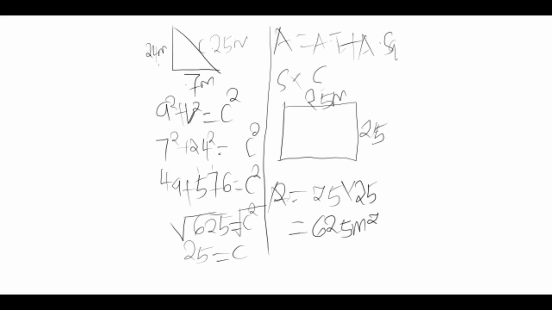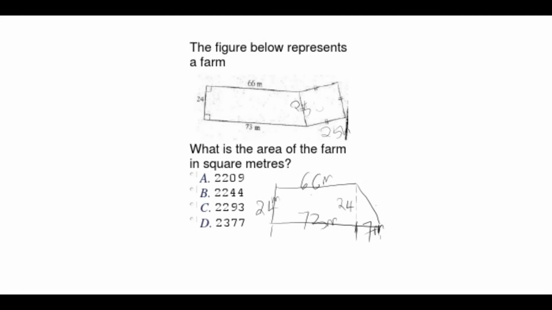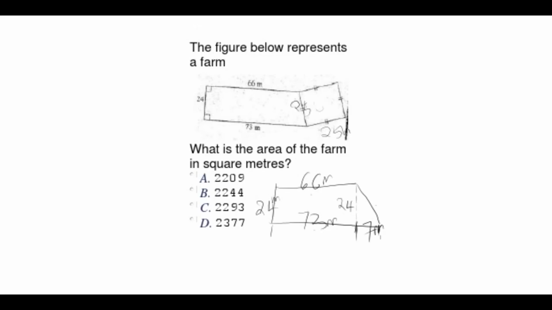Then for the trapezium, this is the drawing of the trapezium. So we have the area of a trapezium given by a half into a plus b multiplied by the height. So this is a, this is b, and this is the height.